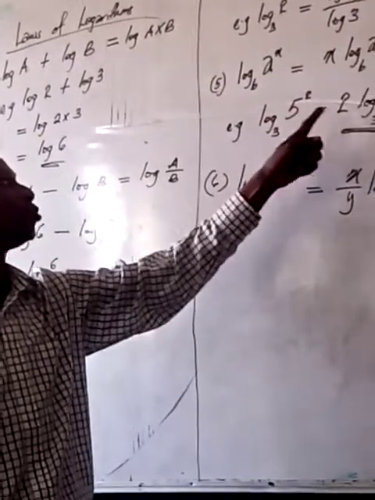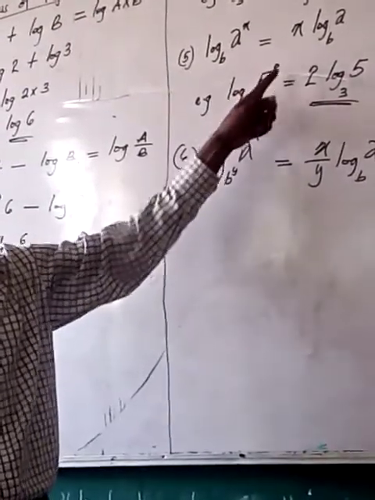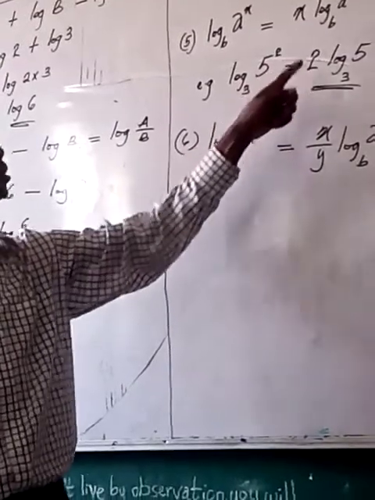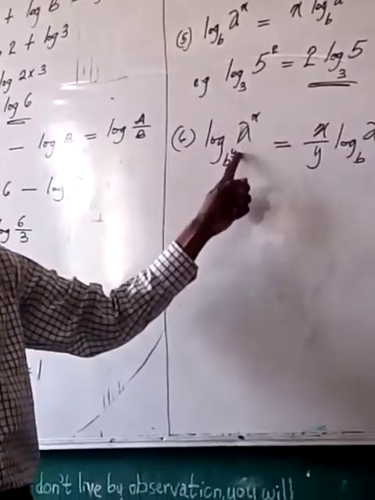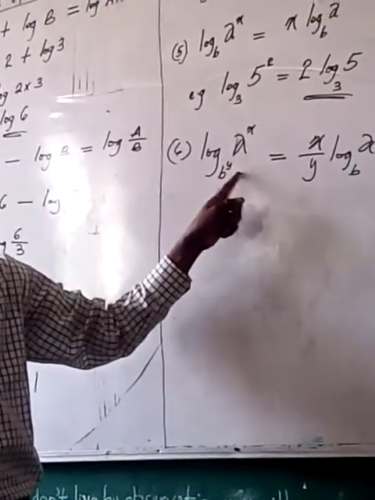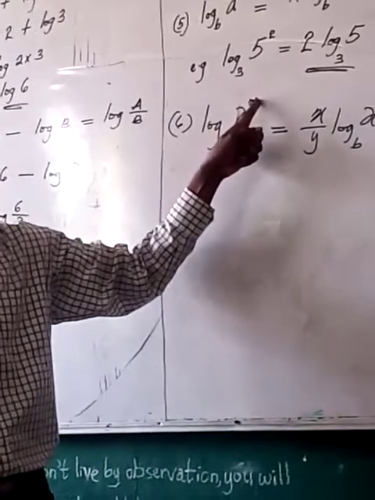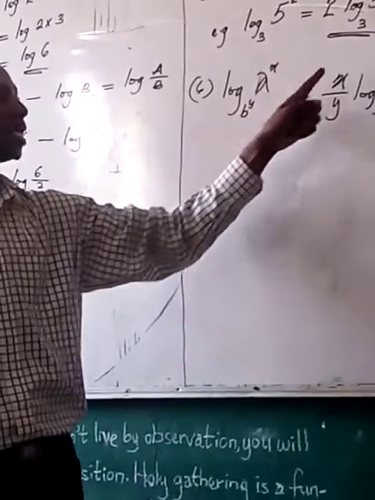The same thing applies here, that I have 5 raised to the power of 2, the base is 3 having a power of 1, and 2 over 1 is the same thing as 2. That's why it wasn't reflected here. But in this one, because there is a specific value for the power of the base, I could see that the power of the log is divided by the power of the base, x over y.